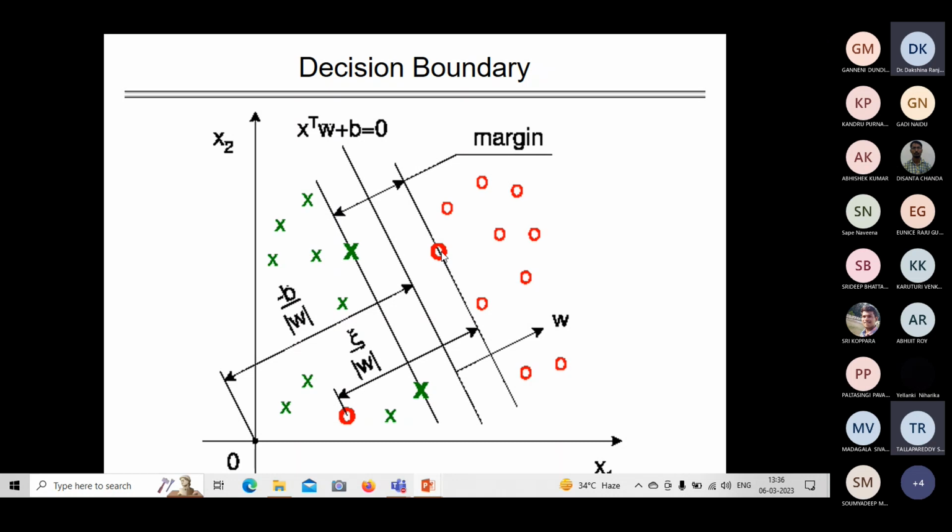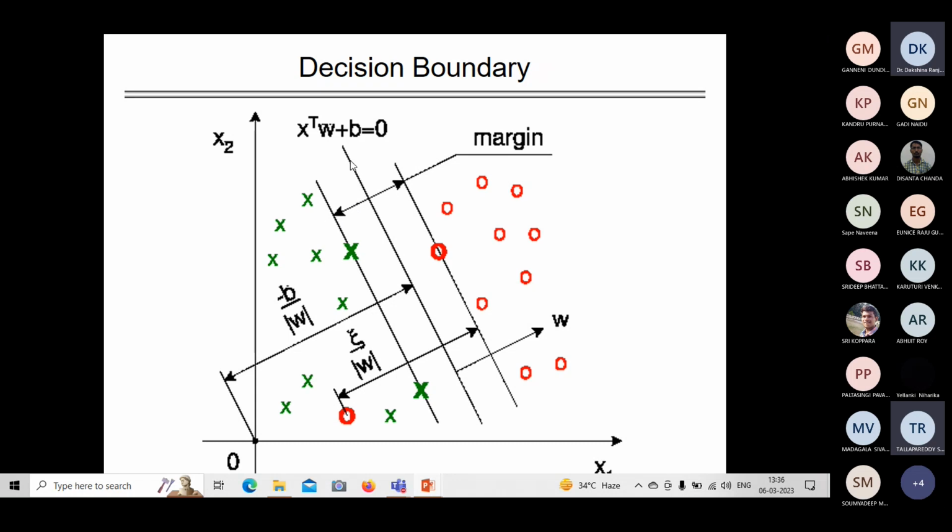These points are called the support vectors because they are informative observations, and the rest of the observations are non-informative observations. If we get a margin between two class boundaries, this margin is to be maximized. So we have to maximize this margin between the two class boundaries.